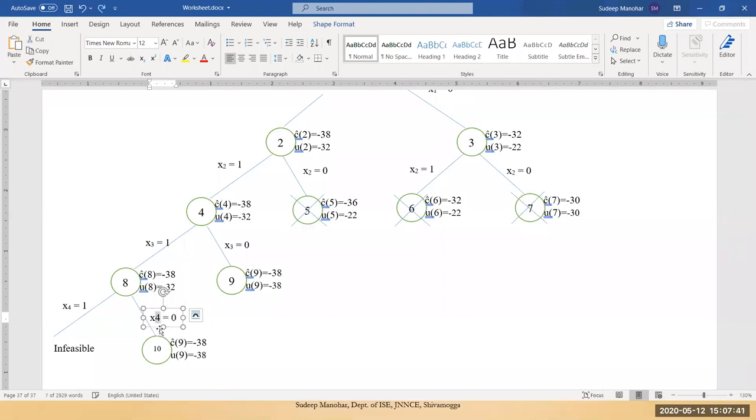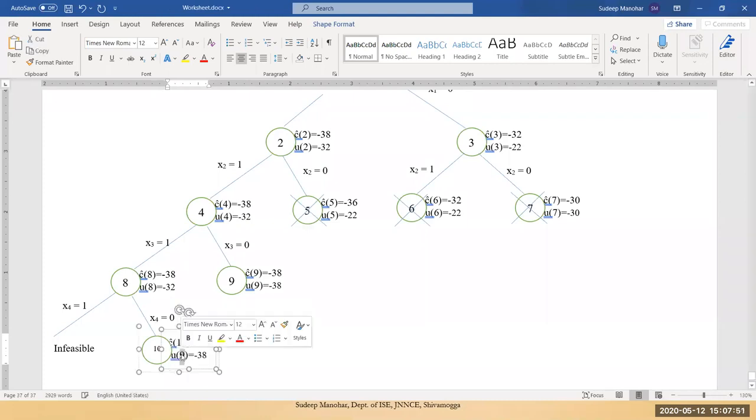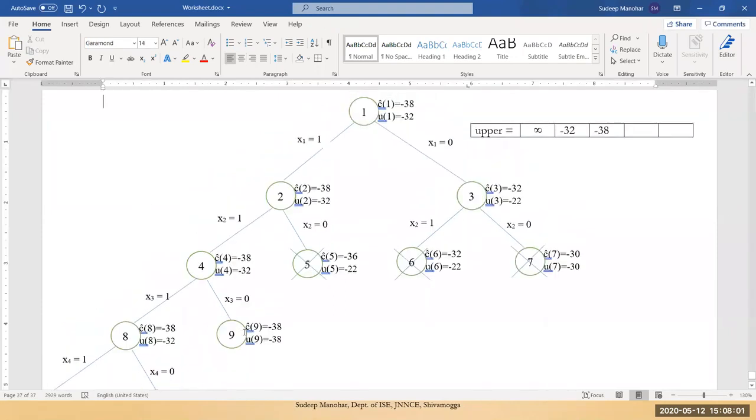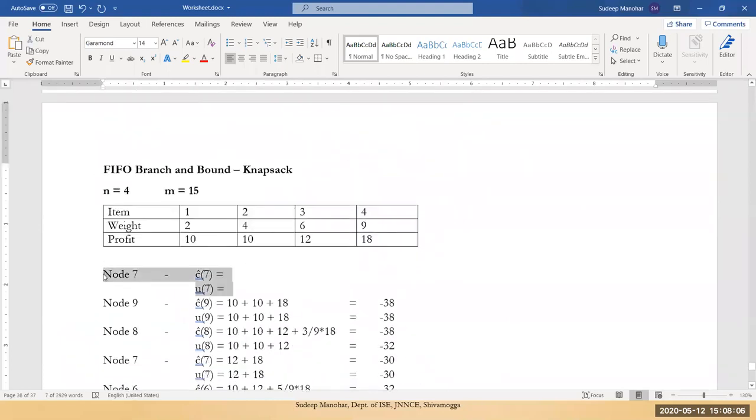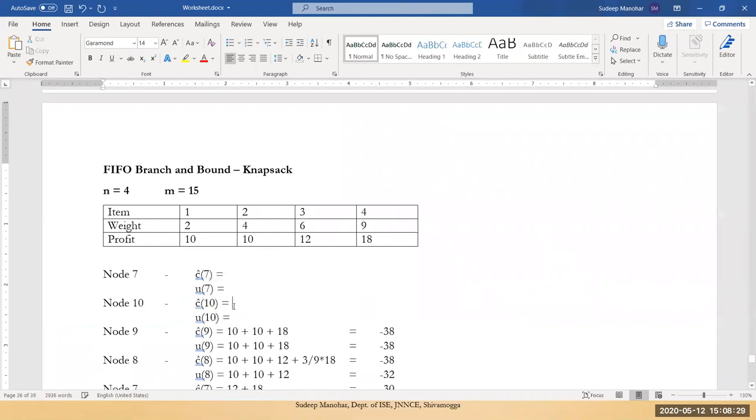You are not supposed to consider item number 4. So what is the value of c cap and u of 10? Let us calculate. Consider the first 3 items, but don't consider item number 4.